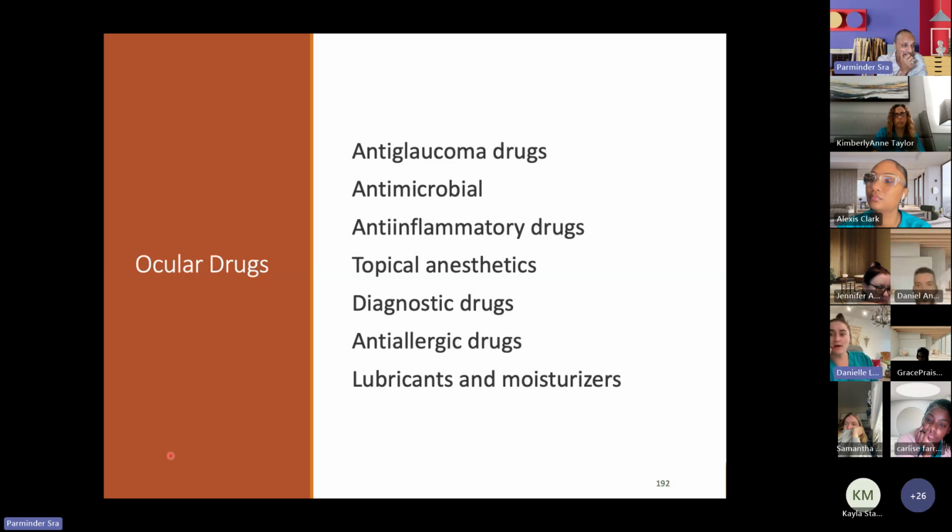Are you talking about glaucoma, Danielle? No, I'm talking about which respiratory condition is a contraindication, or where we should be cautious if giving beta blockers.